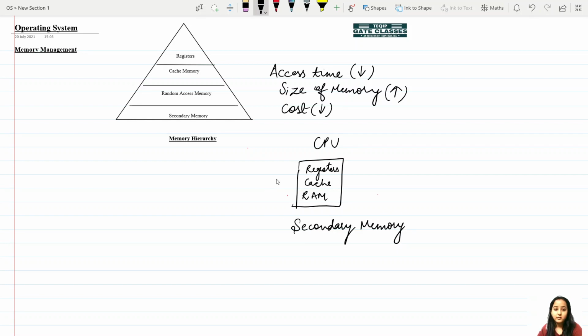This CPU doesn't have direct access to the secondary memory, so it can access these only. Then the random access memory is attached to the secondary memory. So initially all the processes are present in the secondary memory, and then we bring the processes into the random access memory. From there the CPU fetches those processes for processing.